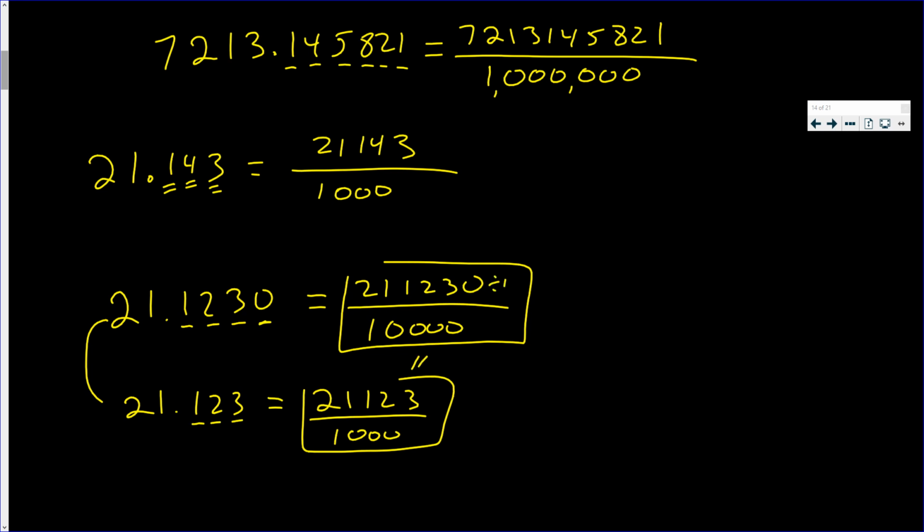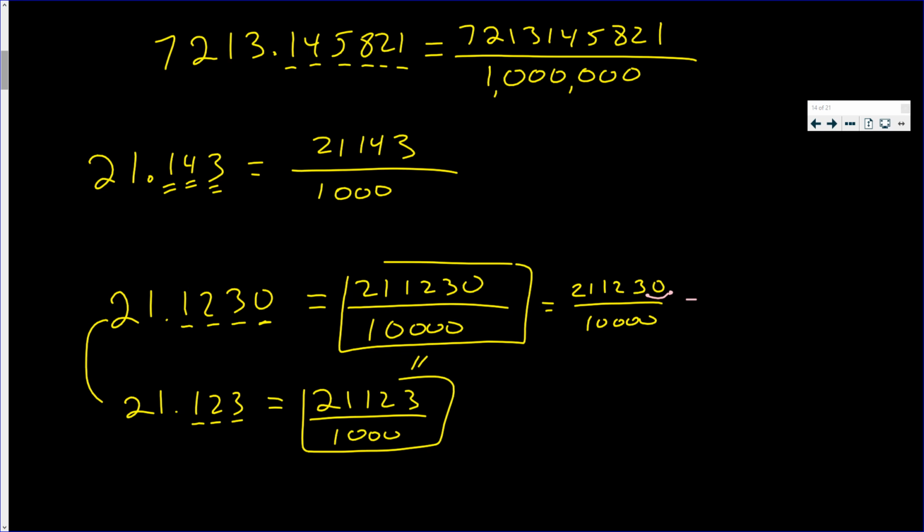If you divide the top number by 10 and the bottom number by 10, that's a, well, you know what? I'll do it differently. As long as you move both decimals the same number of places, their answer will not change. The decimal's understood to be here.